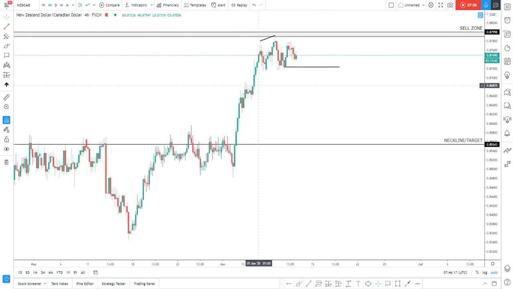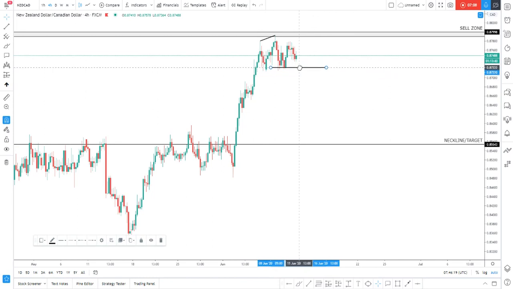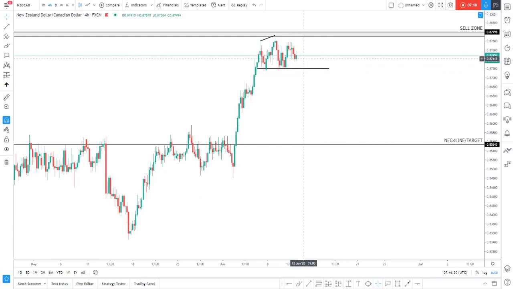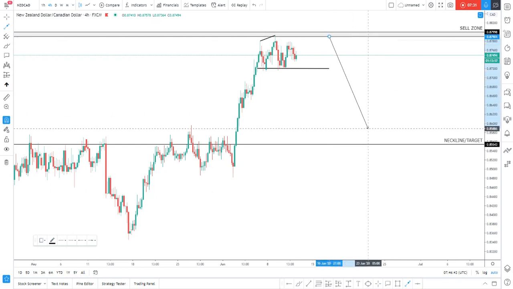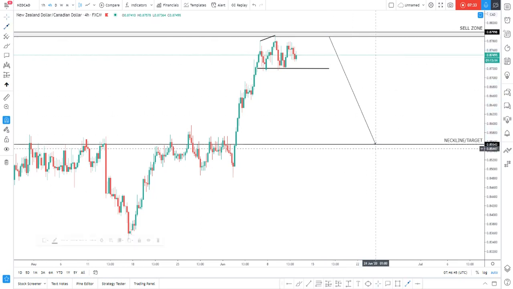If this level breaks, I will look to short NZD card. But with price still holding above this level, I won't look to short NZD card. So my bias on NZD card is a short to the 0.85543 level.